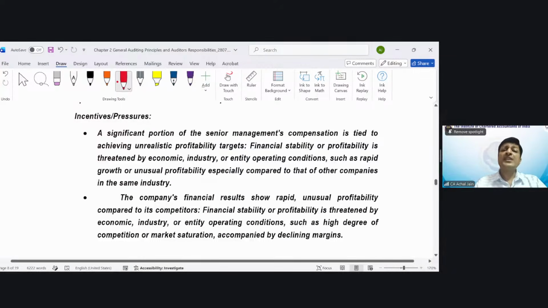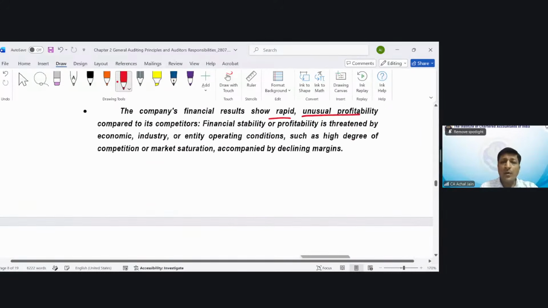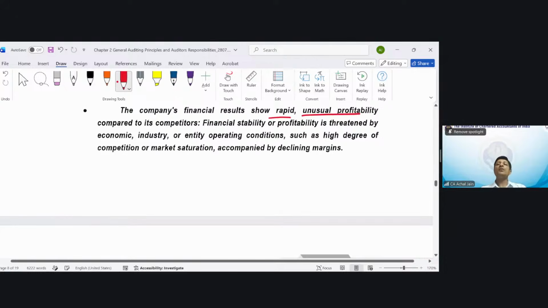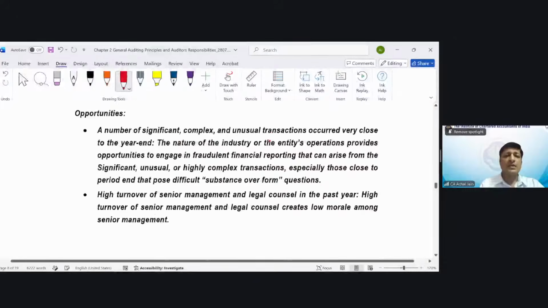A significant portion of senior management's compensation is tied to unrealistic profitability targets. The company's financial results show rapid, unusual profitability when compared to competitors. Financial stability or profitability is threatened by economic, industry, or entity operating conditions. So there's a high degree of competition and market saturation, because of which you have declining margins.